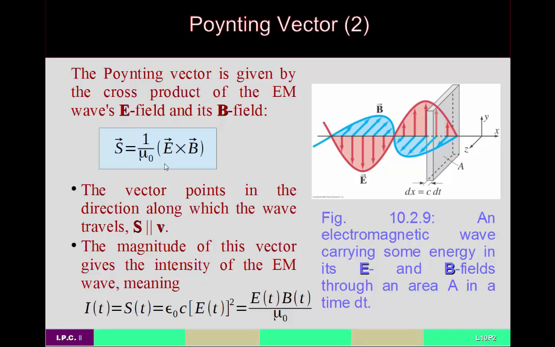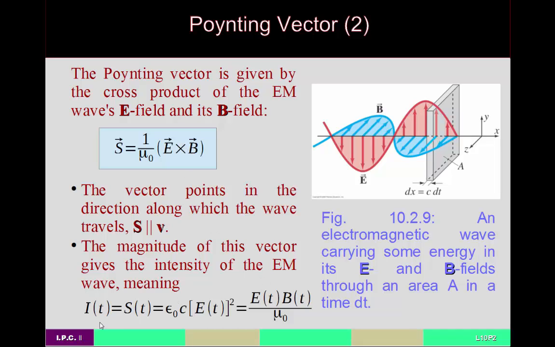So this would either give us the direction that it propagates in, or the opposite of it. It turns out that because of the order chosen, E cross B, this is going to give us the direction in which the wave propagates. So the whole vector is basically how much energy is pointing along the direction that this wave is propagating in.